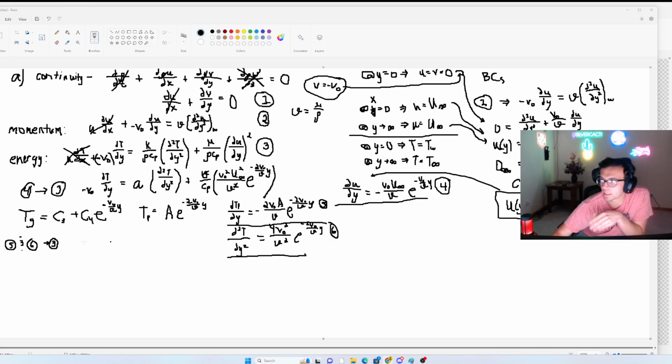Okay. So plugging this all into there, you're gonna get 2 v sub O squared A over viscosity equals alpha times this one squared.